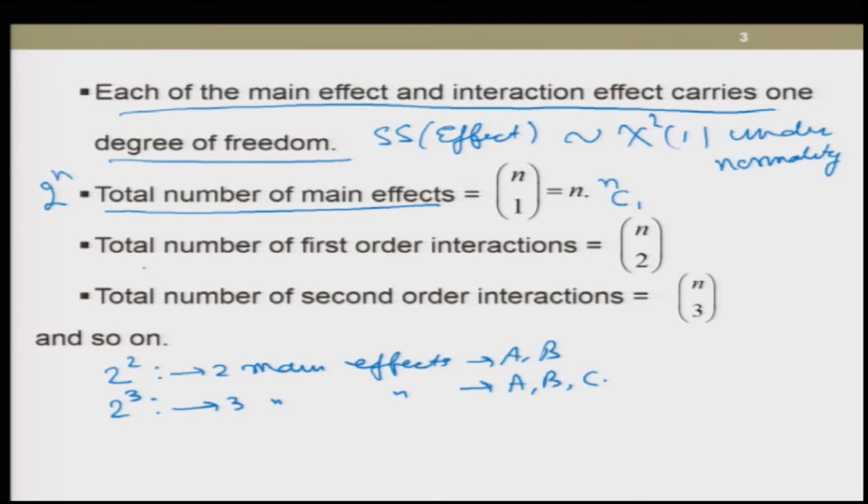Similarly, if you go for the first order interaction, or if you try to count the 2 factor interactions, this number is going to be n choose 2.